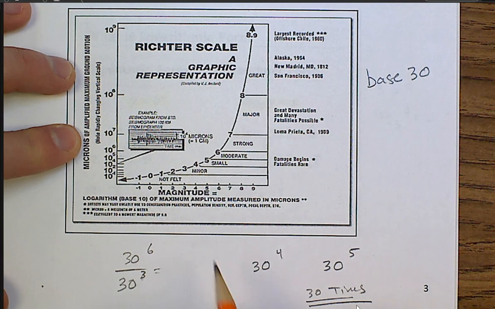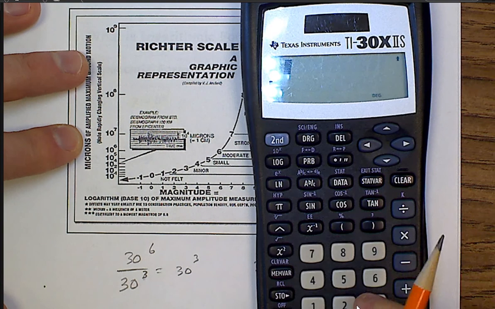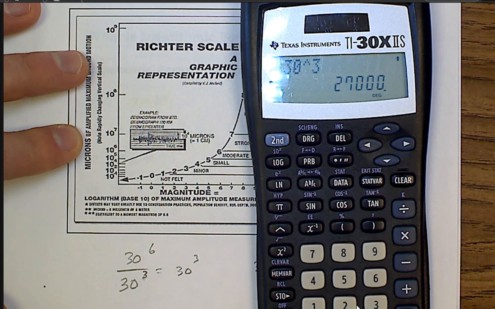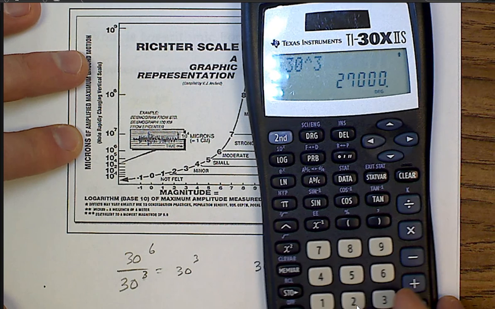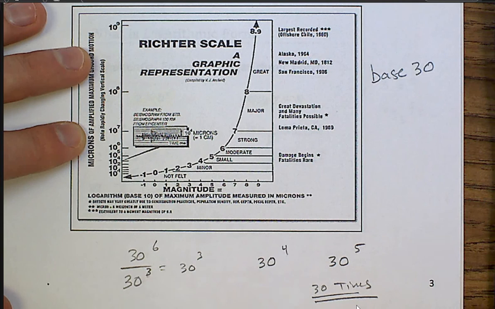And that would be 30 to the 3rd power, which is a big number. You can put it in your calculator, 30 raised to the 3rd. That's 27,000 times more powerful, and that's a really, really big deal. There's a big difference in power between something measuring 6 on the Richter scale and something measuring 3 on the Richter scale.